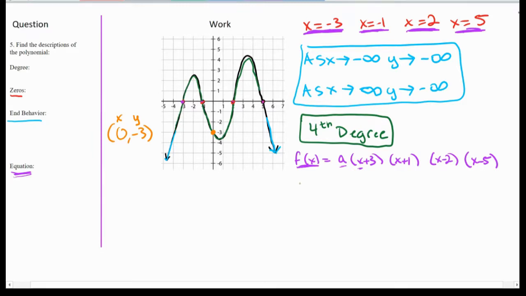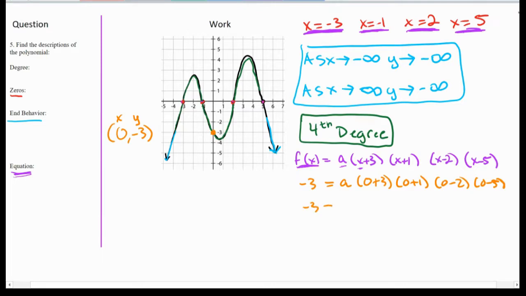So what that means is I'm literally plugging that in. -3 equals a times (0 plus 3)(0 plus 1)(0 minus 2)(0 minus 5). I'm just plugging in the x and y value of the y-intercept.